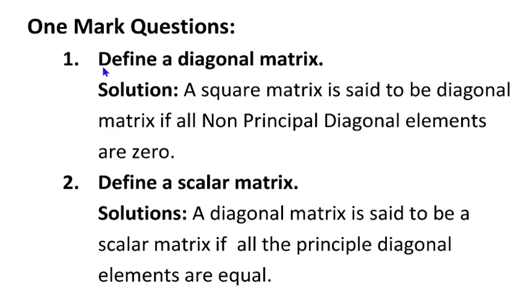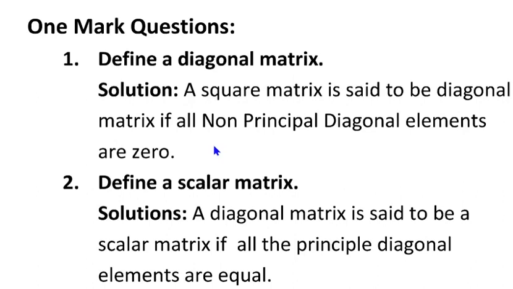See this question, define a diagonal matrix. This is a 1 mark question. The definition is like this: a square matrix is said to be a diagonal matrix if all non-principal diagonal elements are 0, or you can say if all the elements other than the principal diagonal elements are 0.